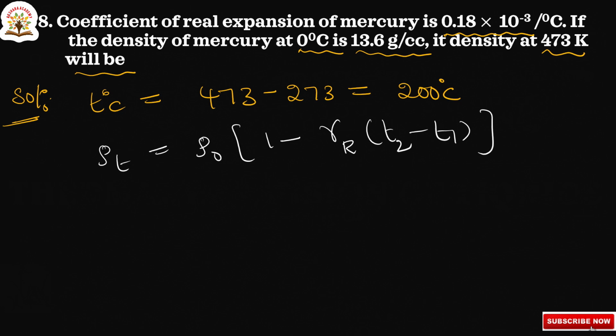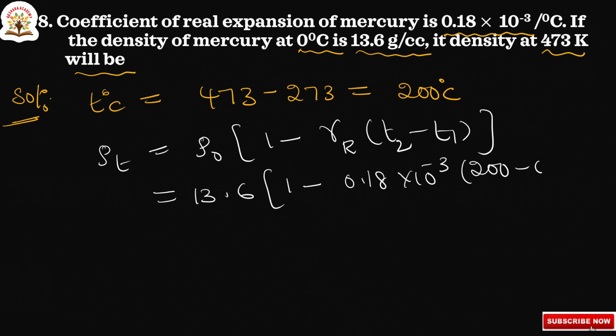Now substituting values, rho naught is given as 13.6, gamma R is given as 0.18 into 10 to the power of minus 3, and T2 is 200, T1 is 0.